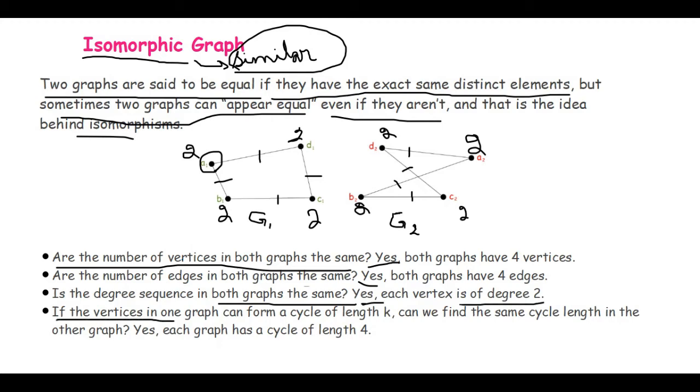If the vertices in one graph can form a cycle of length k, can we find the same cycle length in the other graph? So what is a cycle in a graph? A cycle in a graph is nothing but a traversal. Suppose this is one vertex, this is another, and this is another: this is 1, this is 2, and this is 3.